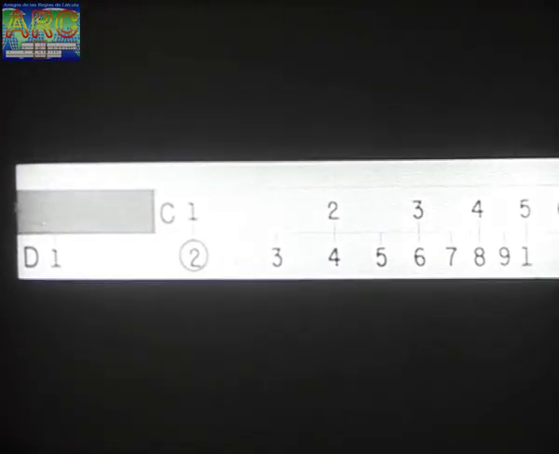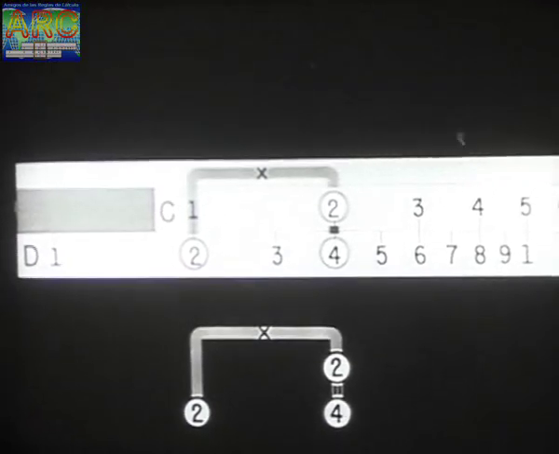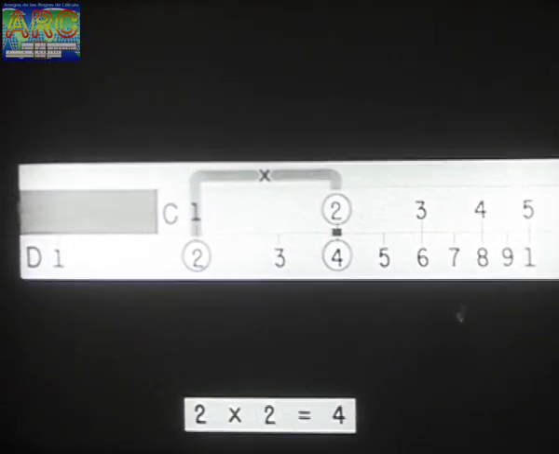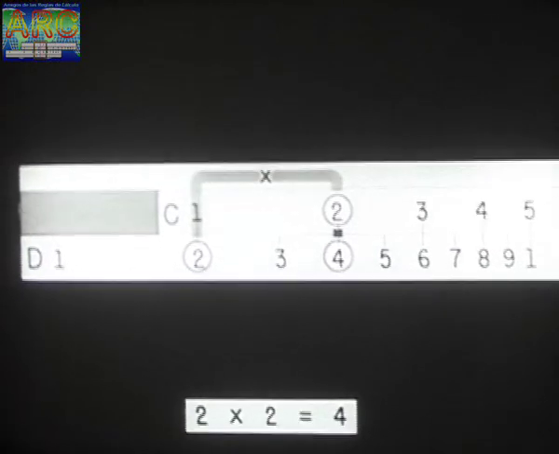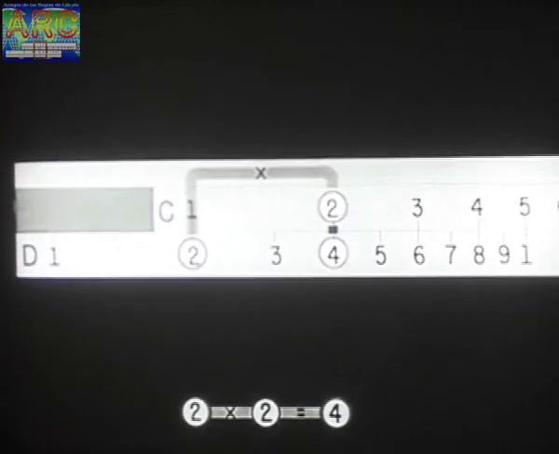The slide rule procedure can be diagrammed like this. 2 times 2 equals 4. Ordinarily, the problem would be written like this. On the slide rule, it takes this form.